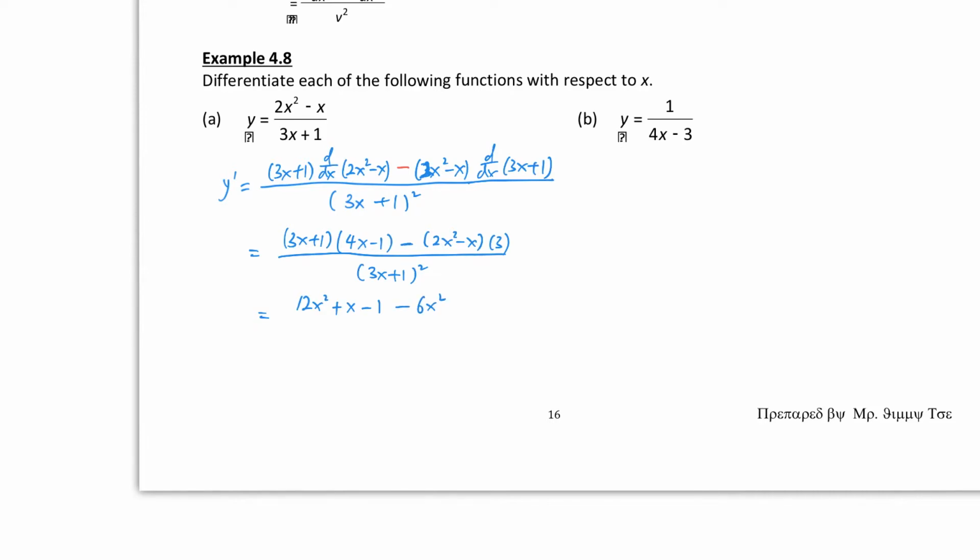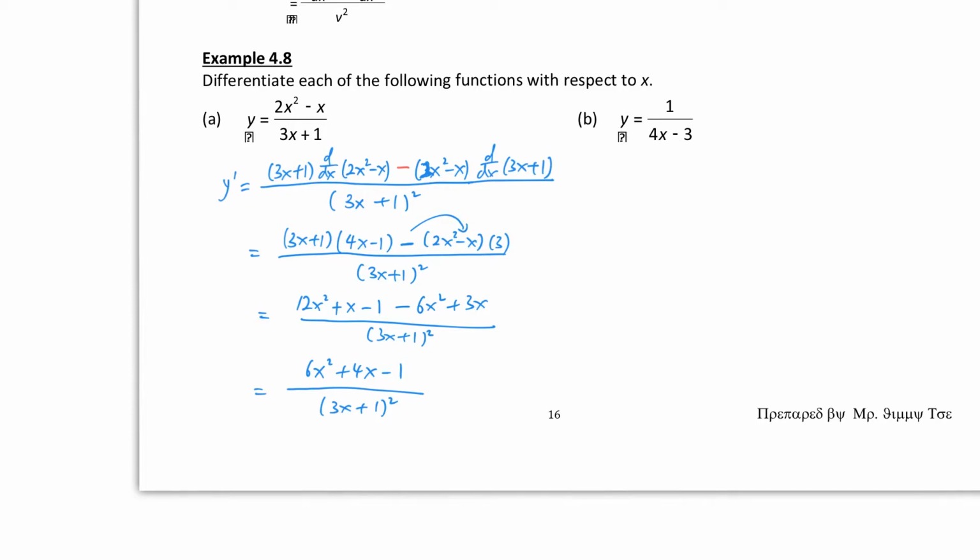Remember, this negative sign, we need to distribute it. So this is plus 3x, over 3x plus 1 all squared. And this is 6x squared plus 4x minus 1 over 3x plus 1 all squared. Because we cannot factorize this term, this is your final answer.